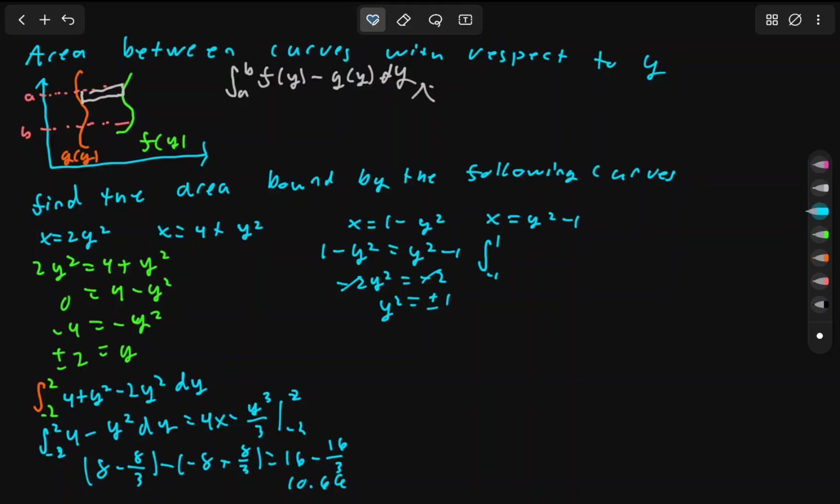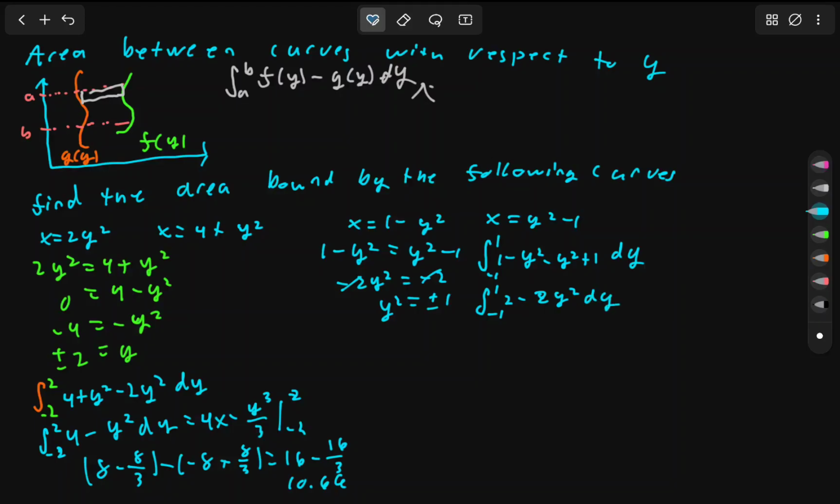Which one of these functions is going to be on the right, you might ask? Well, let's set y equal to 0, and we'll see that the left equation is going to be on the right. So we get 1 minus y squared minus y squared plus 1 dy. Simplifying this first, we get 2 minus 2y squared dy.